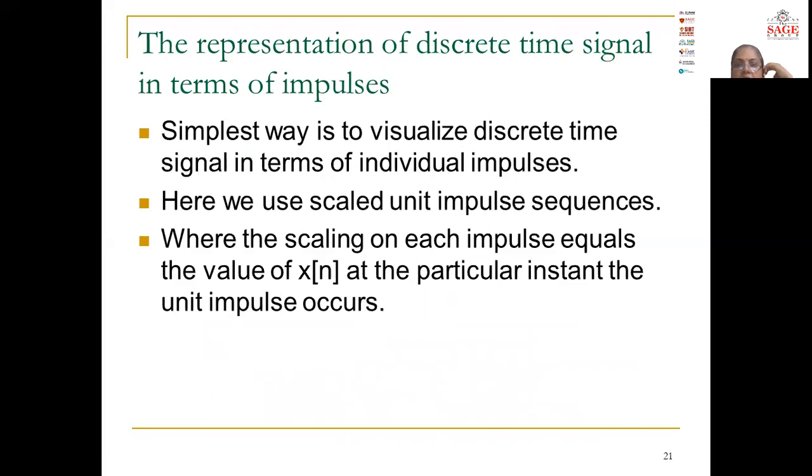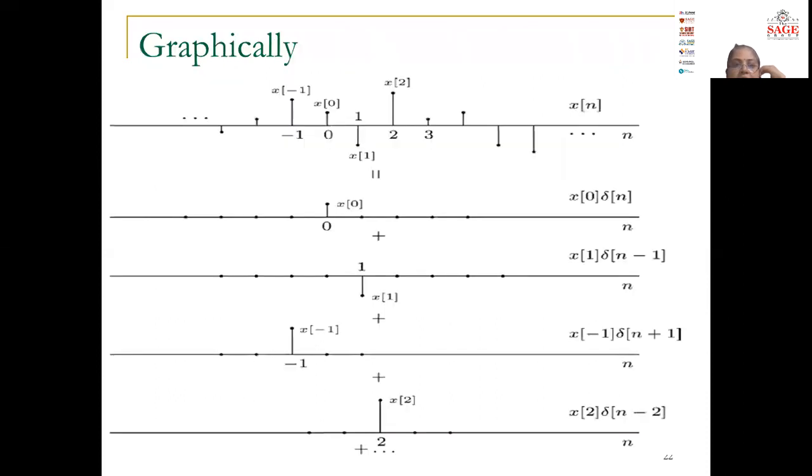The representation of a discrete time signal in terms of impulses, as we showed previously, is a way to visualize discrete time signals in terms of individual impulses. Now we have scaled the unit impulse sequences, where the scaling on each impulse equals the value of x[n] at the particular instant the unit impulse occurs.